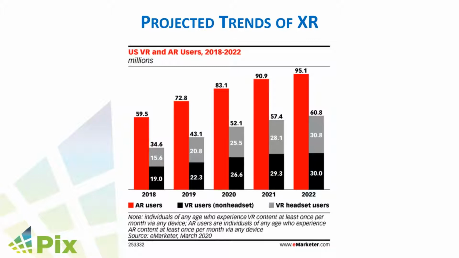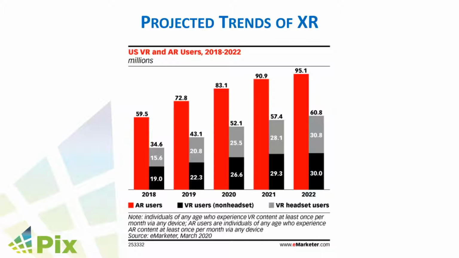So this first chart, the number of AR users, defined as anyone who has experienced AR once within a month, has surpassed both VR users with and without head-mounted displays. By head-mounted displays, we mean something that you have to physically put over your head and look at with goggles to experience. And so this is reaching 95.1 million in just 2 years.